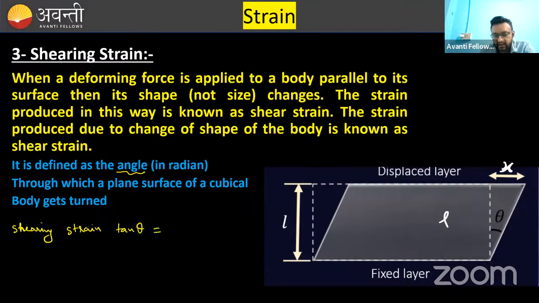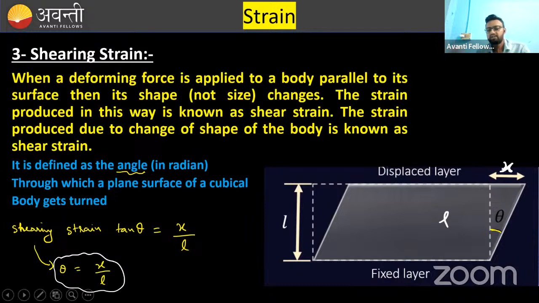Tan theta is what? Perpendicular, that means x, divided by base, which is L. As we all know, in case of solids, this angle will be very small, so tan theta can be written as theta, and theta is x divided by L. This is the shearing strain.